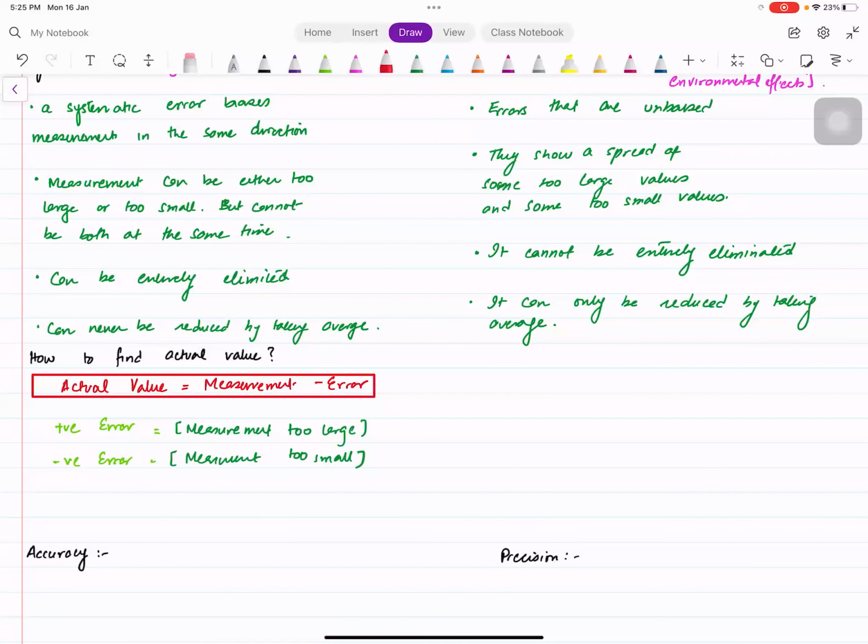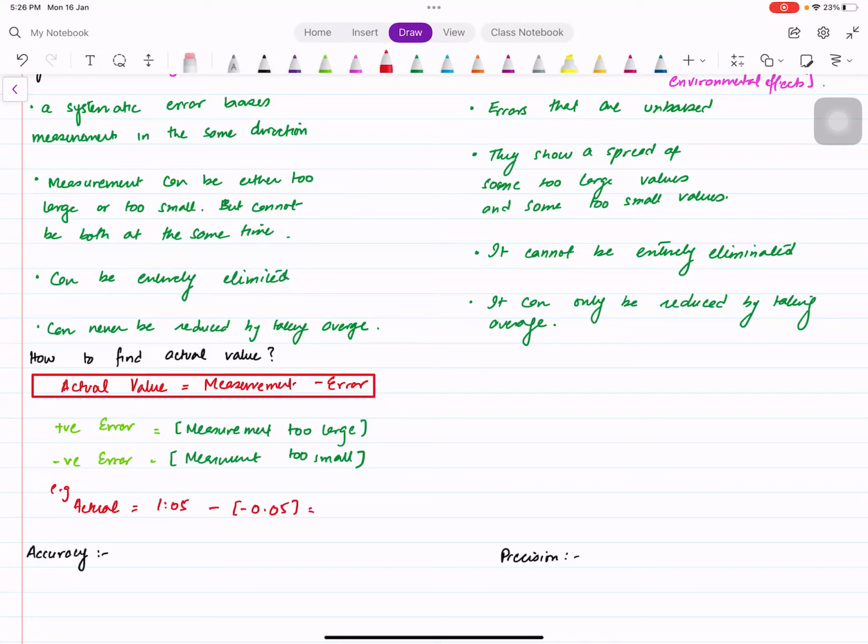For example, you'd say, okay, I want to find the actual value of my clock that shows a reading that is less than it should be. Then obviously you got a measurement of this, and the error in your clock was minus 0.05.